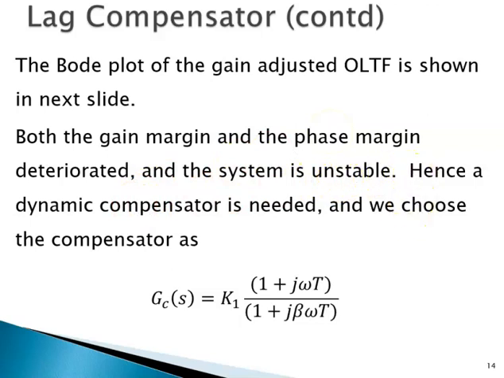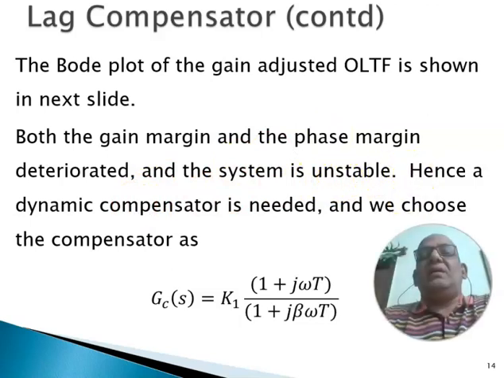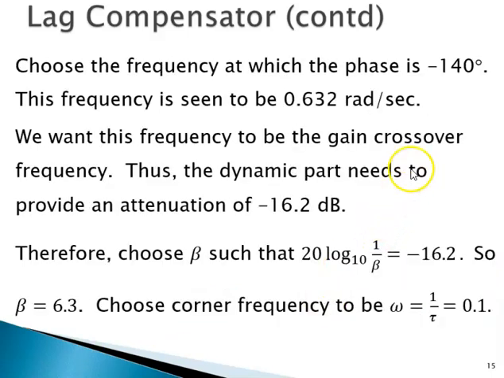So we consider designing a compensator of this form, that is, both a constant term and a dynamic part. Since we want the phase margin to be 40 degrees, find the frequency at which the phase is minus 140 degrees. We'll show it on a graph sheet in a little while.